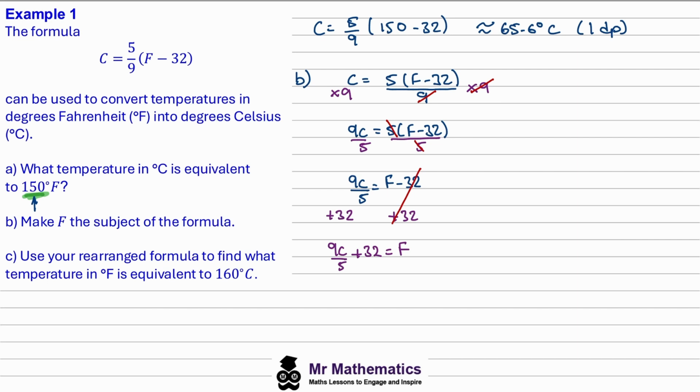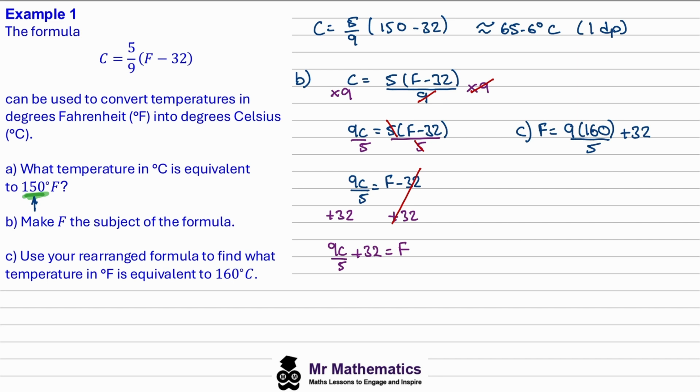And then for part C, use your rearranged formula to find what temperature in degrees F is equivalent to 160 degrees Celsius. So now we're going to substitute this value in place of C. So F will equal 9 times C, which is 160, over 5 plus the 32.